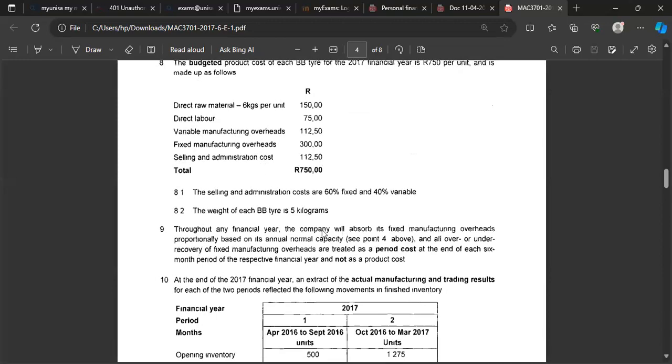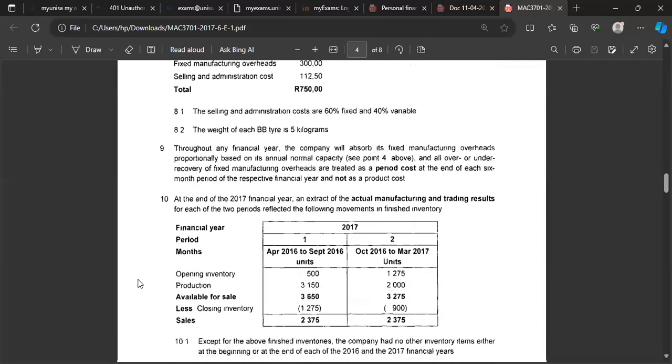And then let's see here, throughout the financial year, the company will absorb its fixed manufacturing overheads proportionally based on the annual capacity, and all over and under recovery are going to be treated as period costs at the end of each of the respective years, not as product costs. Okay, that's good there. Which is essentially what we have done so far. All right.